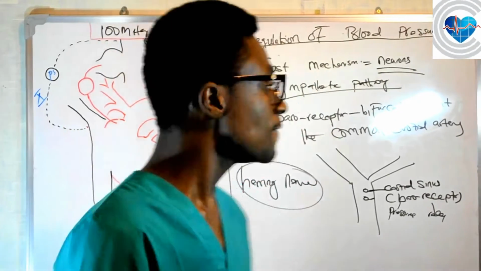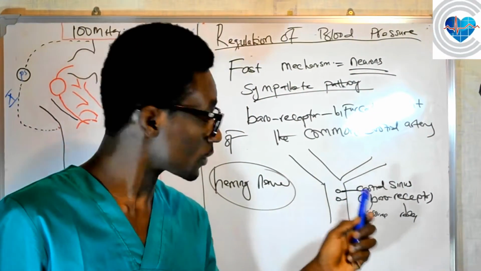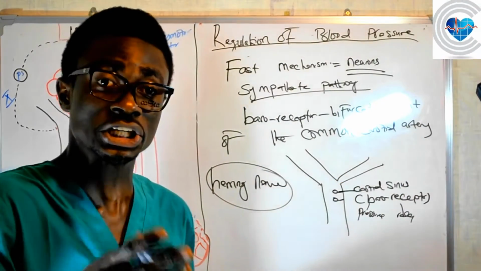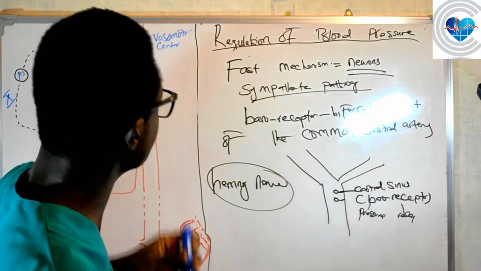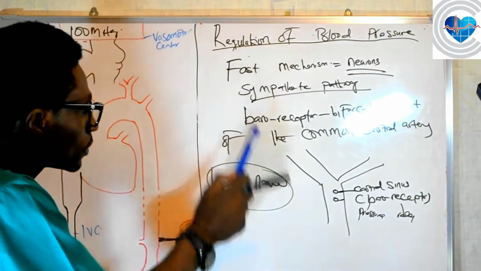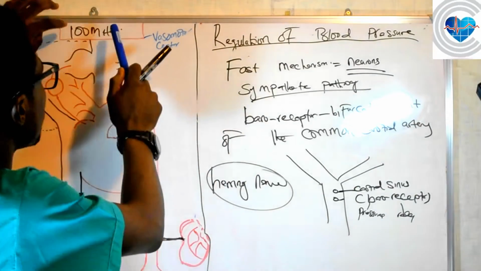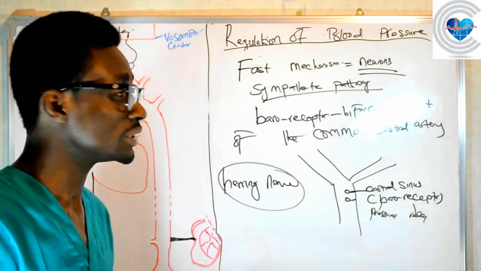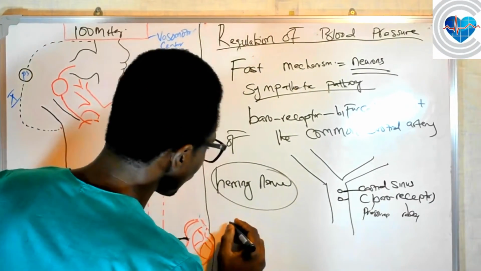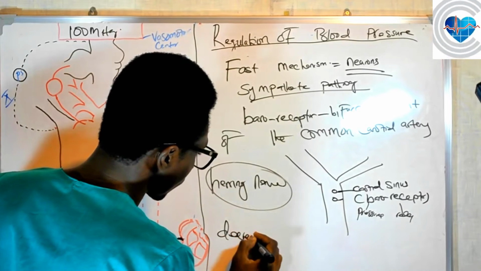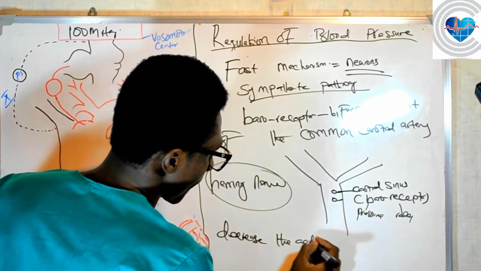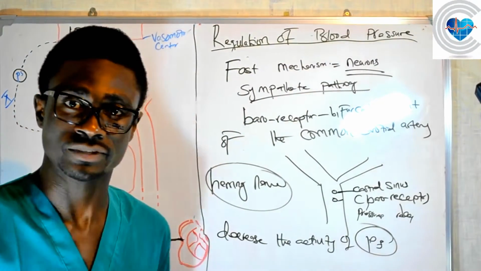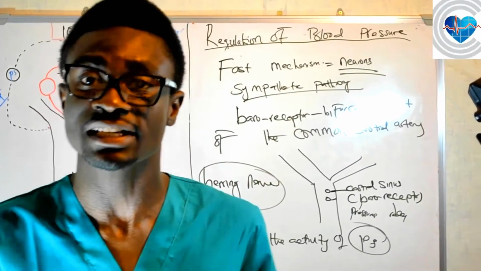So if information from the carotid sinus about hypotension, a decrease in blood pressure, is received by the vasomotor center through the hering nerve, then in order to restore this blood pressure, the vasomotor center decreases the activity of the parasympathetic nervous system.